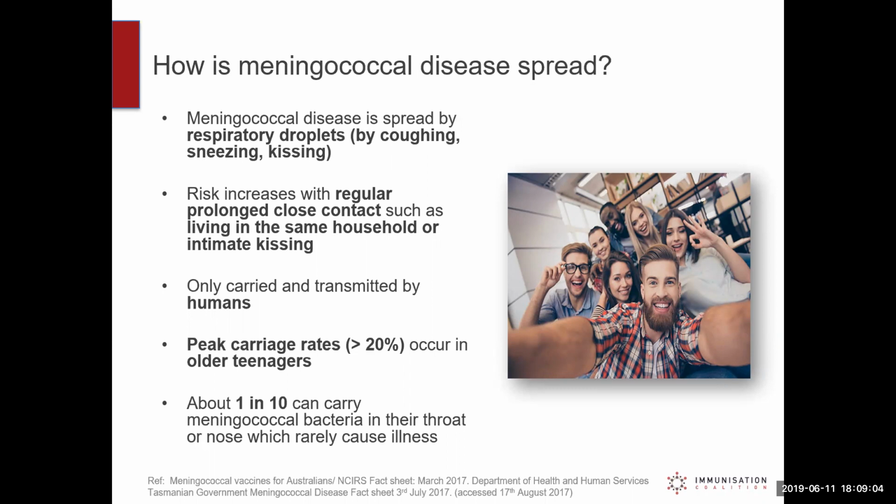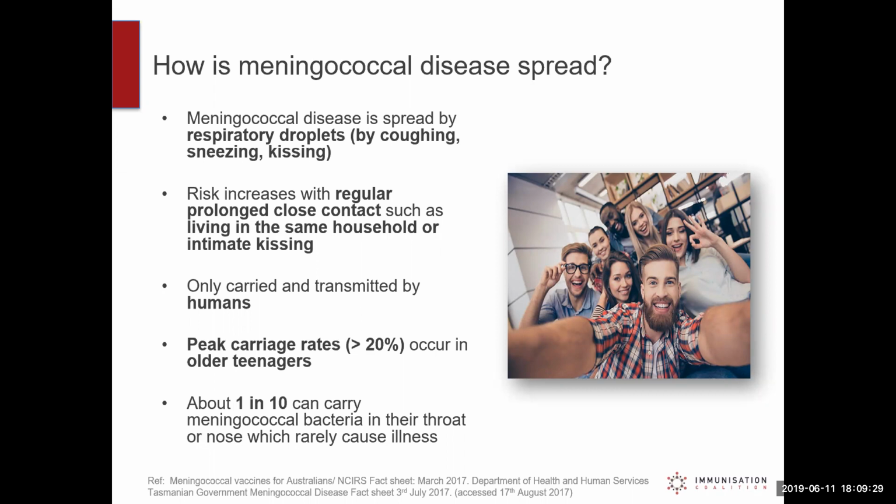This is really important for providers to understand: follow the instructions of the public health unit in regards to who should receive prophylactic antibiotics. If they've been identified as a close contact, they will be directed to receive antibiotics by the public health unit.